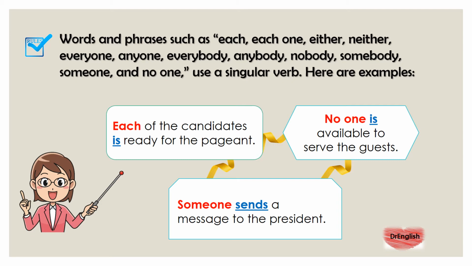Each of the candidates is ready for the pageant. So we have the subject each, which should take a singular verb, is. In the second example, no one is available to serve the guests. No one is the subject, which takes a singular verb, is.